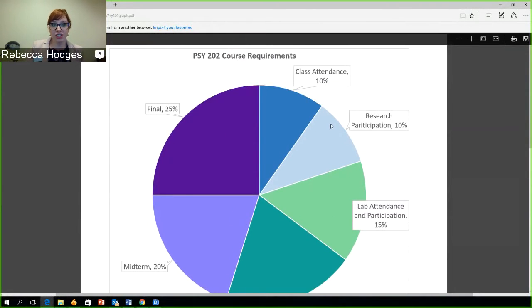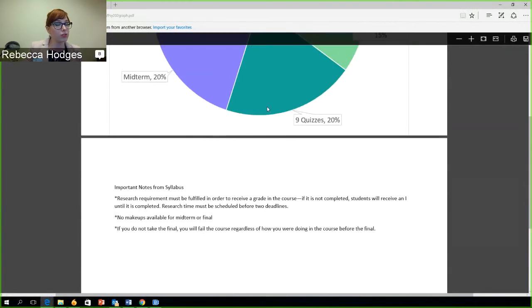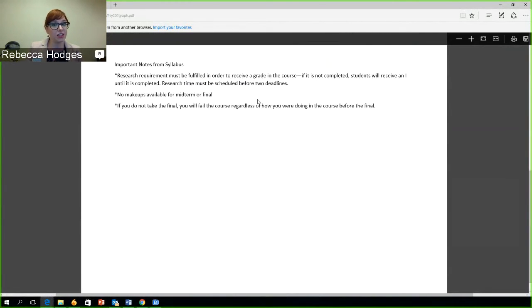So beyond just understanding the percentage and the weight of each specific assignment for a specific class, it's also important to make a note of anything else that's really important to take into account for a class. So I made a couple of notes here of other things that the syllabus says is really important to be aware of.